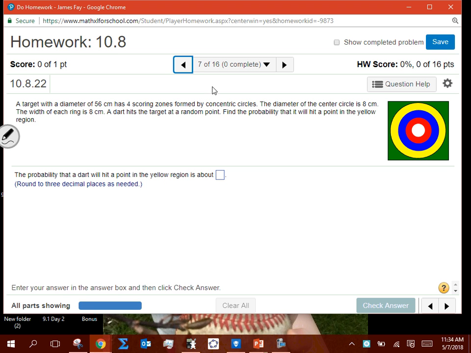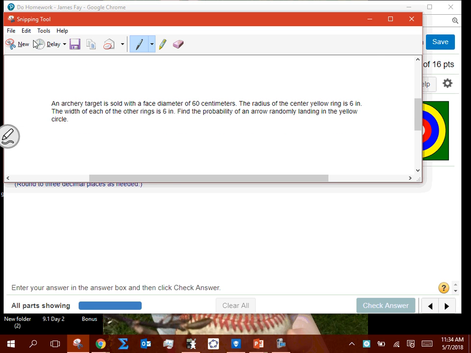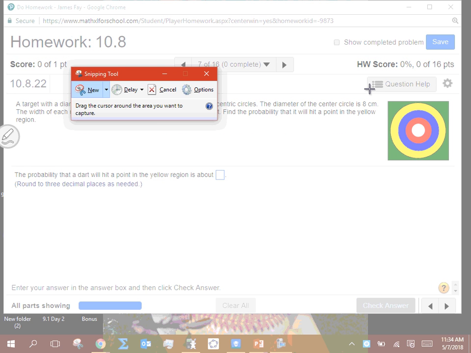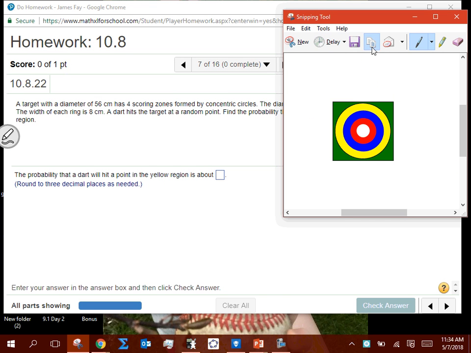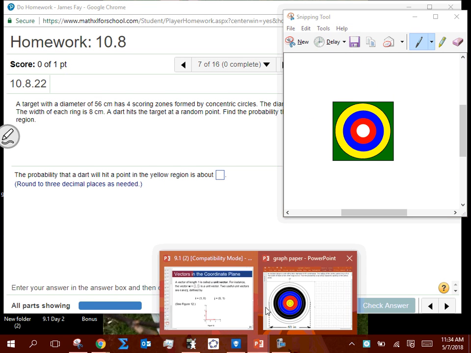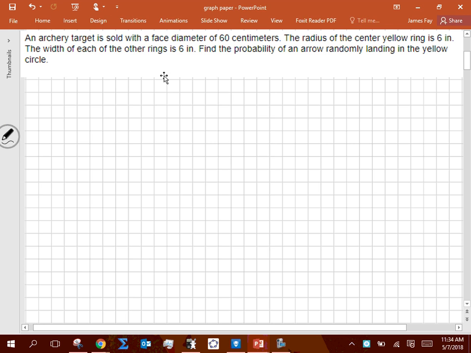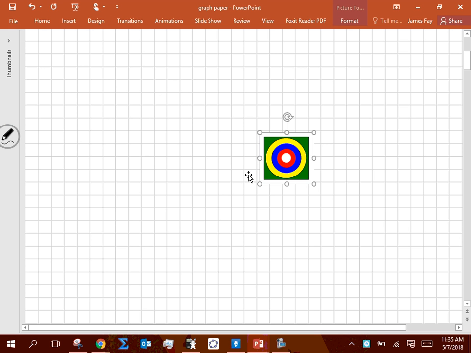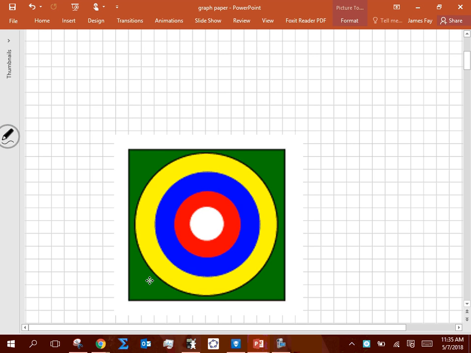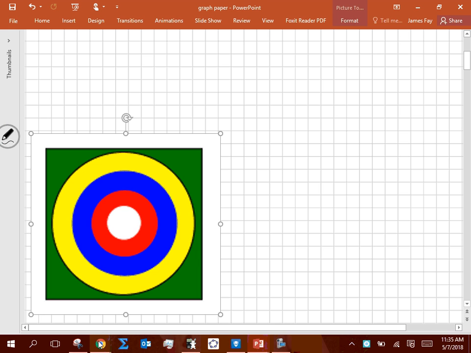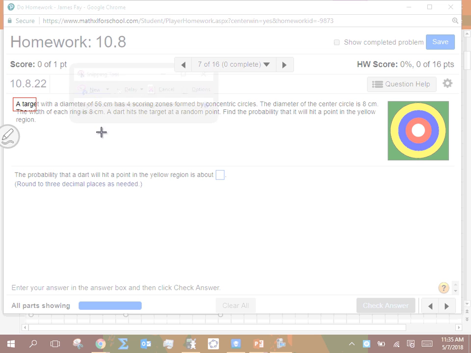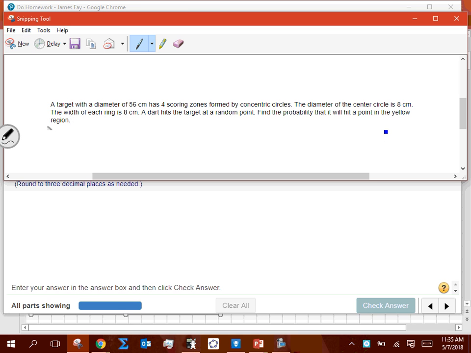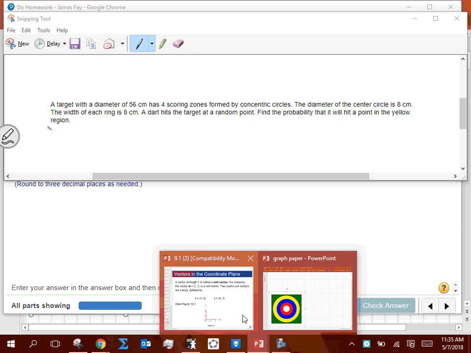Find the probability that it hit a point in the yellow. All right, so it's a pretty similar setup.